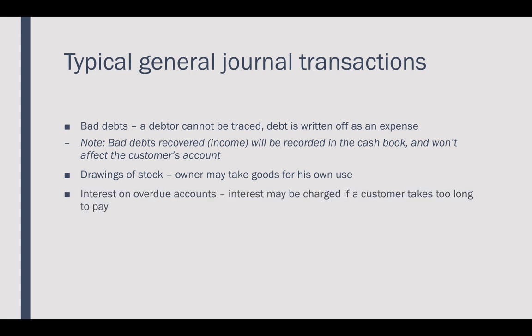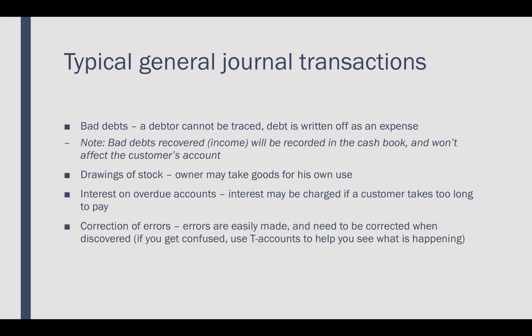Interest on overdue accounts will generally also be shown in the general journal, as well as all the corrections of errors. It's very easy to make mistakes, and then to fix them, you will have to go and do your general journal. It's very easy to get confused when you are correcting errors.